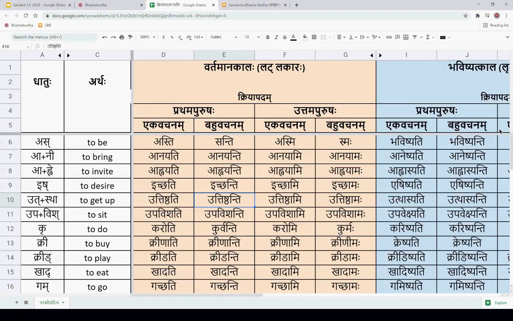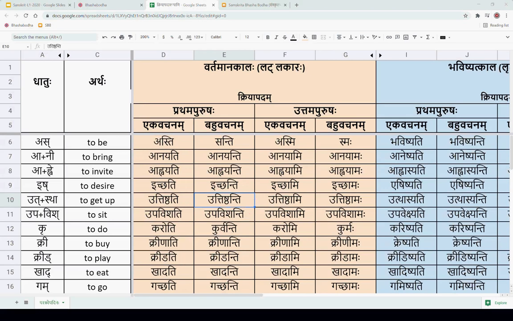So this is column D and E, starting from row 7. Here they are all simple: anayati, anayanti, apayati, apayanti, icchati, icchanti, uttishtati, uttishtanti, upashiti, pushanti. Like kridati, kridanti.